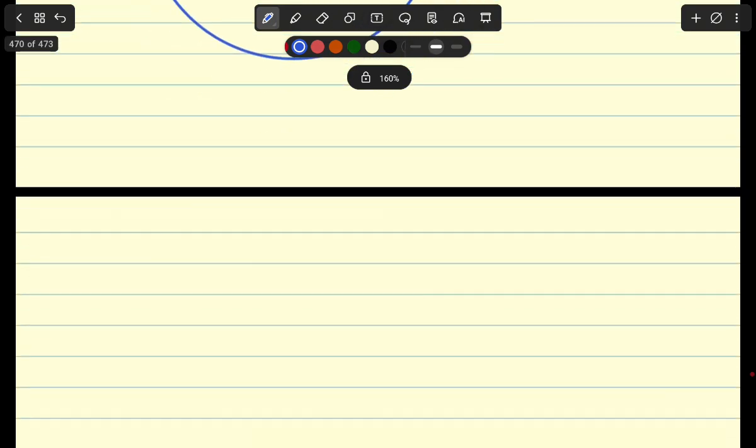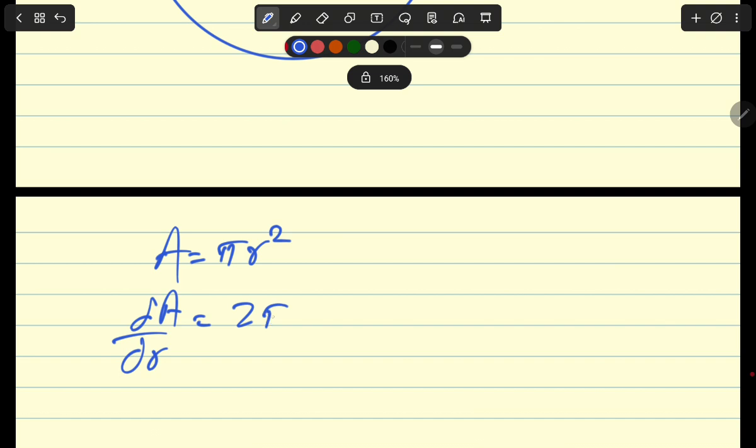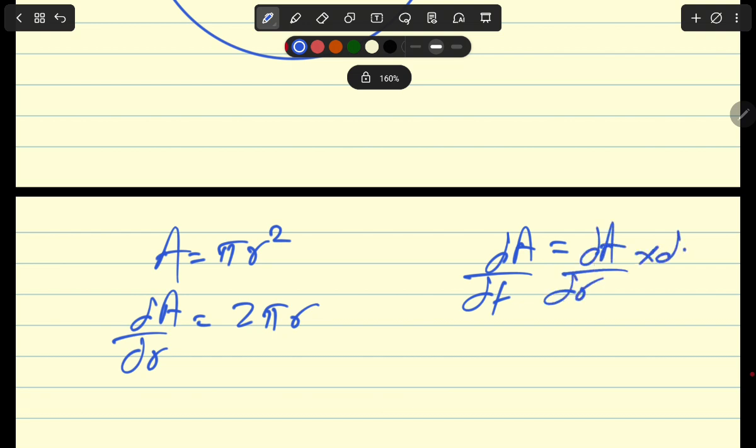Now area is nothing but pi r squared, and the derivative of area is going to be equal to 2 pi r, right? Now area is changing, which means that we have to find dA by dt, which we don't know, but we can create a chain rule again, dA by dr into dr by dt, right?